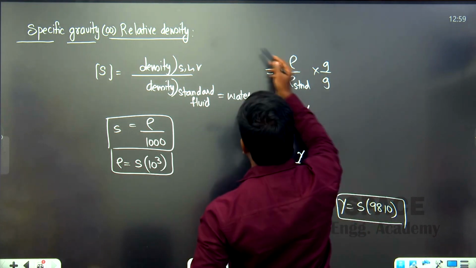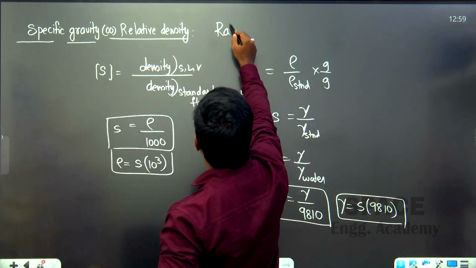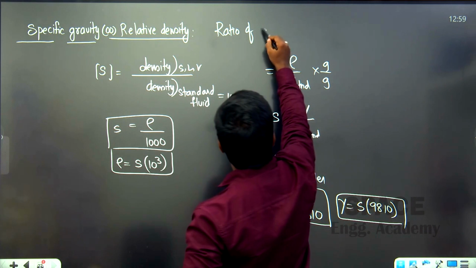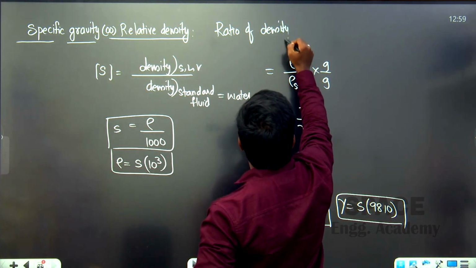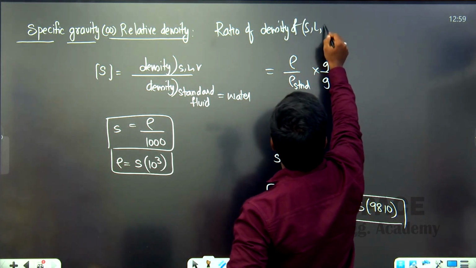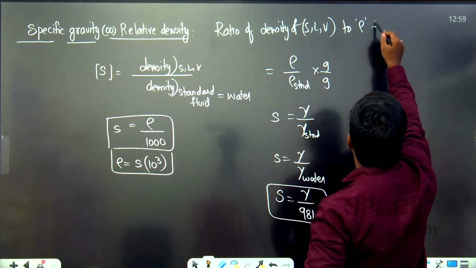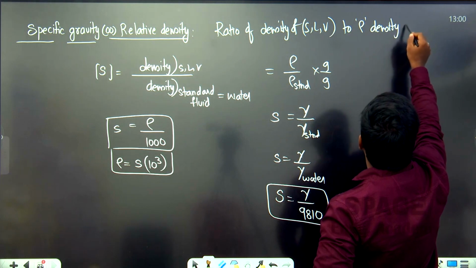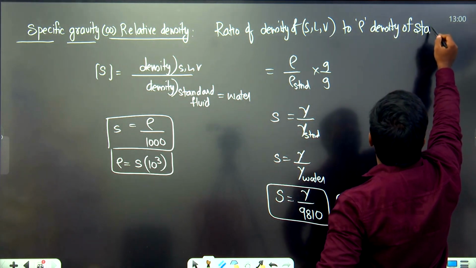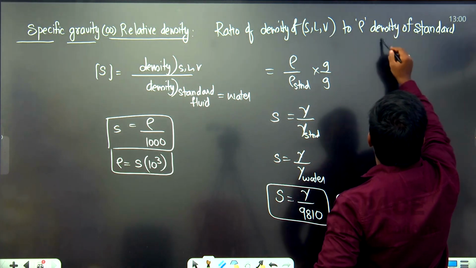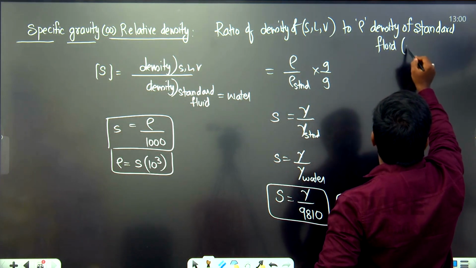So what is the formula? Relative density can be written as the ratio of the density of a solid, liquid, or vapor of any material to the density of the standard fluid. What is the standard fluid here? Water.